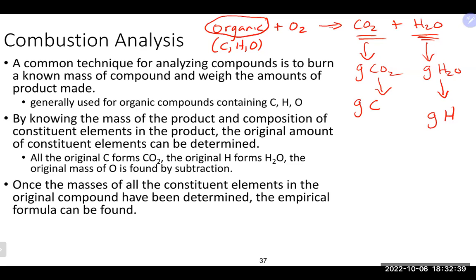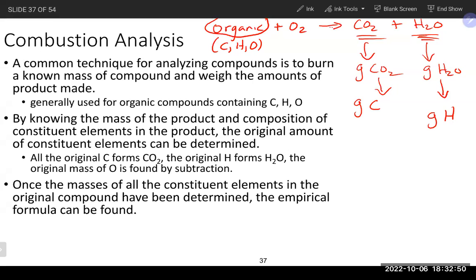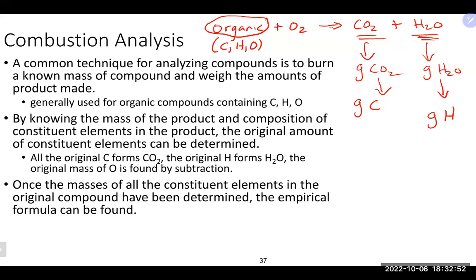Could we use the CO2 and the water to figure out how much oxygen was in the original compound? In this analysis, we could not, because we actually added oxygen. Some of that oxygen got into each of those, so we would not be able to figure out directly from the water or the CO2 how much oxygen we collected.